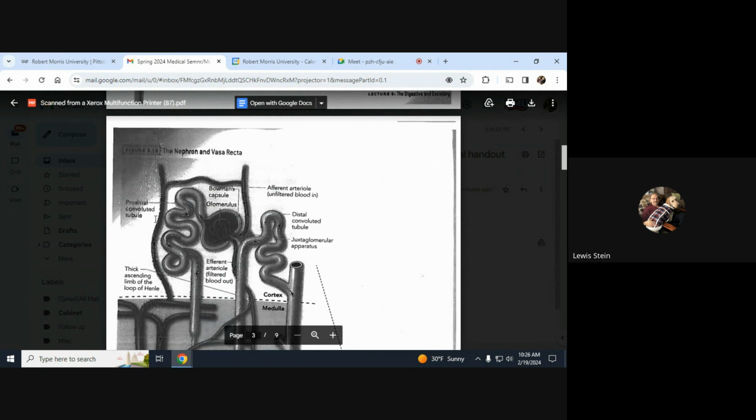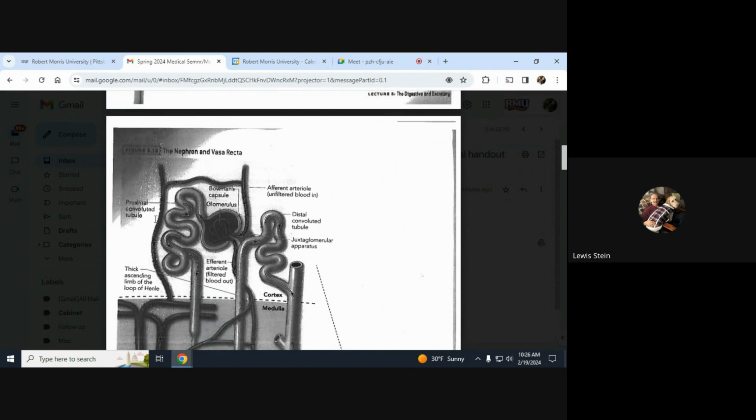So here we could begin to see, and they're all closely bound to one another rather than stretched out. If you remember the anatomical diagrams we used in lecture, that's so you can visualize it. But what happens here: we go afferent arteriole into the glomerulus.